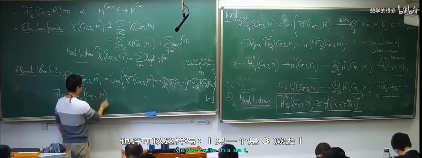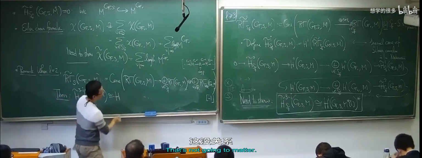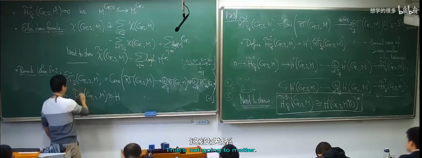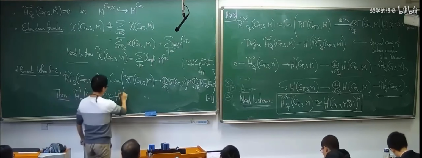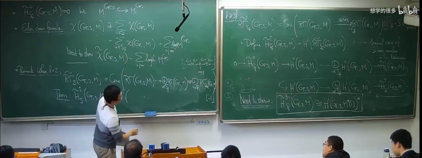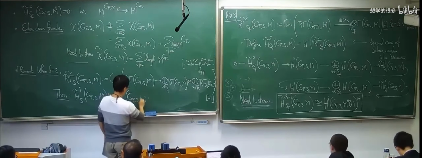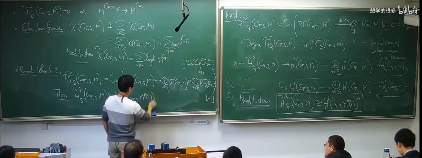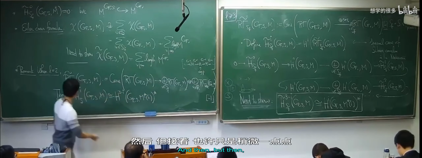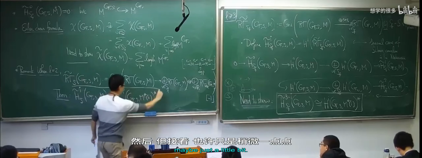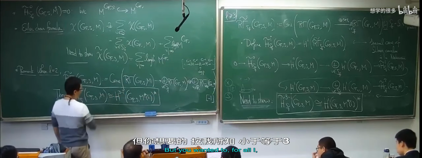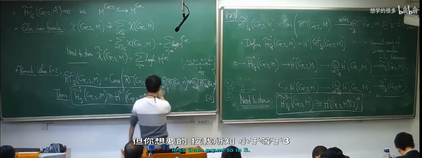Maybe write this as i. The other one is 3 minus i. Doesn't really matter. Right. And you still have this. But you want it for all i less than or equal to 3.